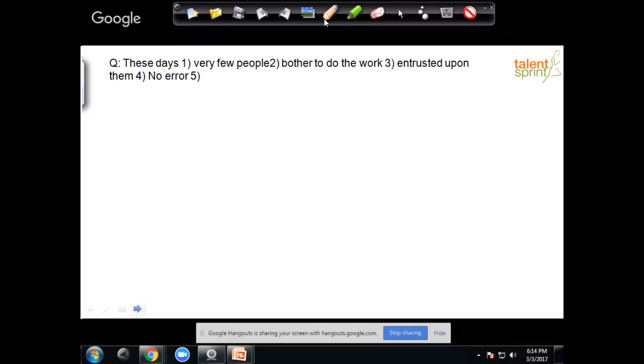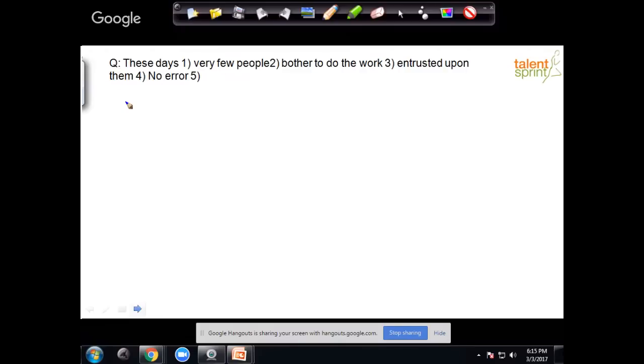Any guesses? Okay, Devi says 2, Shubham says 3. Let's see.